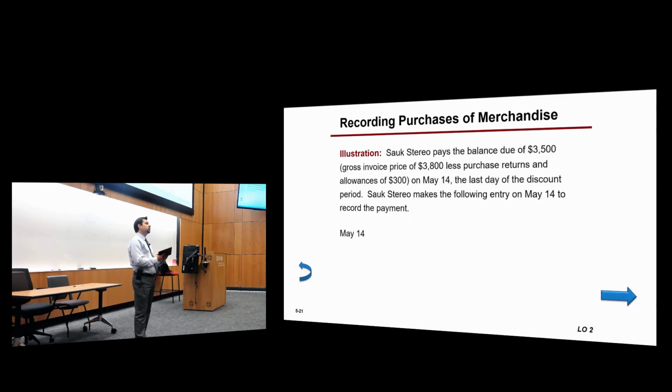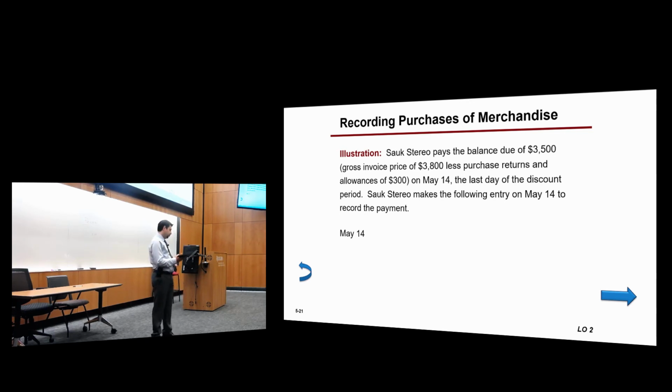If the company, on the other hand, takes advantage of the discount, so they have 3,800 minus 300, so that's 3,500, right? The amount of cash that they will pay will be 3,500 minus the 2% discount.